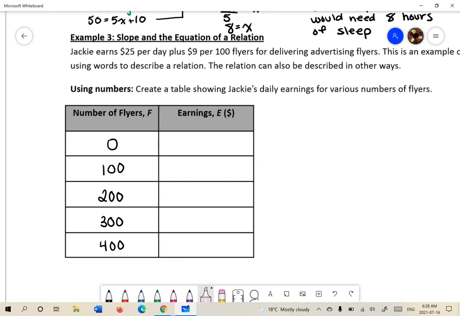So I know that Jackie earns $25 per day no matter how many flyers are delivered. So this is a fixed cost. That will not change. That is my B. So even with 0 flyers delivered, Jackie earns $25.